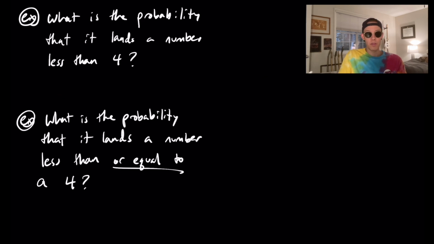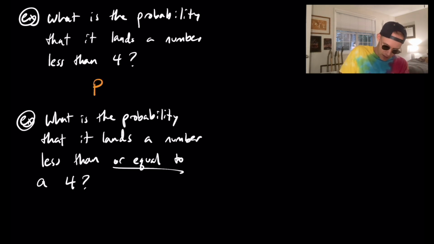All right, keeping on with the rolling the die example, what's the probability that it lands on a number less than 4? So what numbers are less than 4 on the die? There's a 1, there's a 2, and there's a 3. All other numbers are equal to or greater than 4, and we don't want those. We want the 1, the 2, and the 3. So there's 3 favorable outcomes.